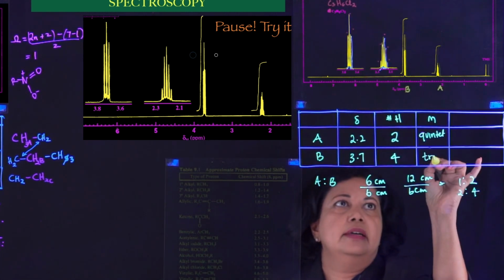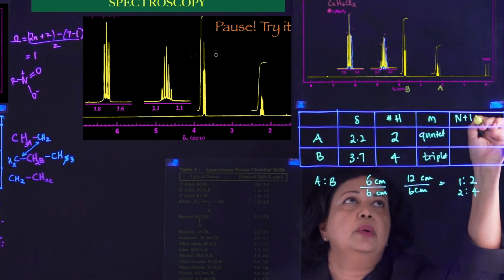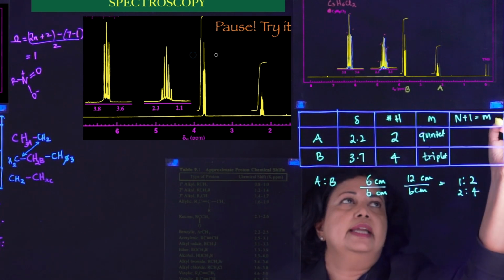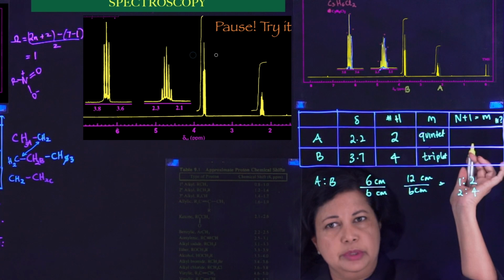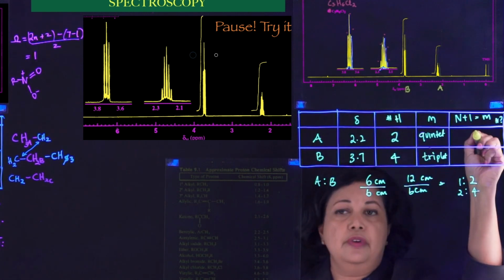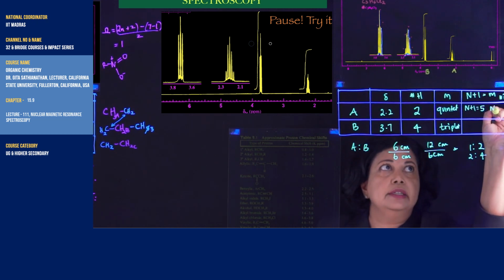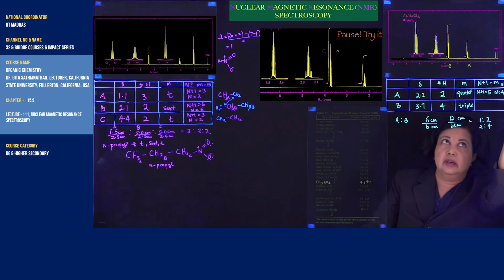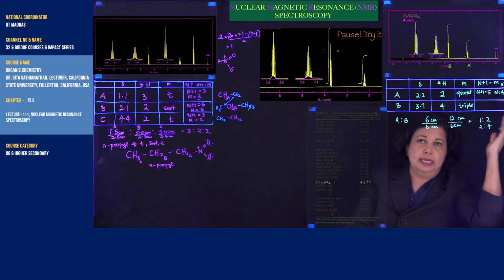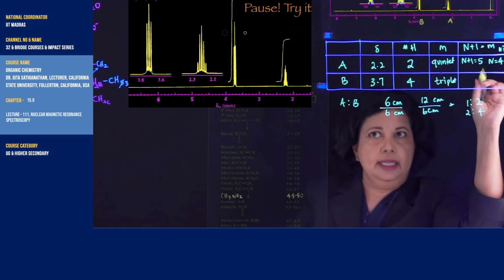So that by itself doesn't tell us anything, but when we put it in our equation, you can find out the number of neighbors. Capital N is for neighbors. So here quintet is 5, so N plus 1 is 5, therefore N is 4 neighbors. Obviously they're not all on the same carbon. You can only have a maximum of 3 hydrogens on a carbon if you want to be part of a molecule.